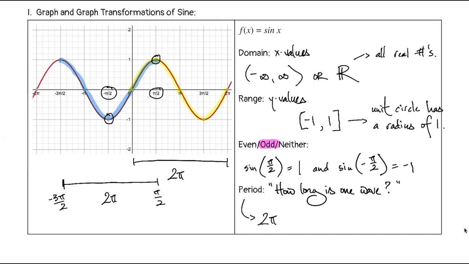Well, let's go back to the yellow one for a moment. If we start with the yellow one, we knew that we started at a y value of 0. And we went up, we went down, and we went back to 0. So wherever we started with the y value, when we stopped, that had the same y value, right? At 0, the y value is 0. At 2 pi, the y value is 0.